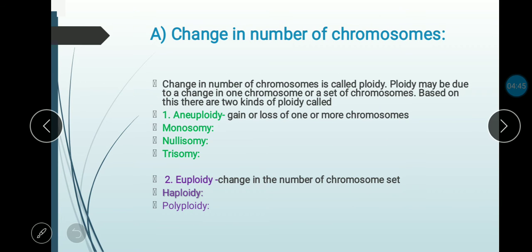A change in the number of chromosomes is called ploidy. Ploidy may be due to a change in one chromosome or a set of chromosomes. Based on this, there are two kinds of ploidy. Aneuploidy has three types: monosomy, nullisomy and trisomy.